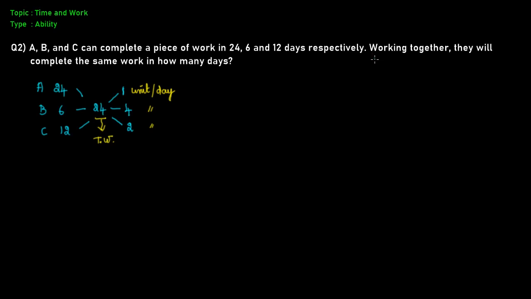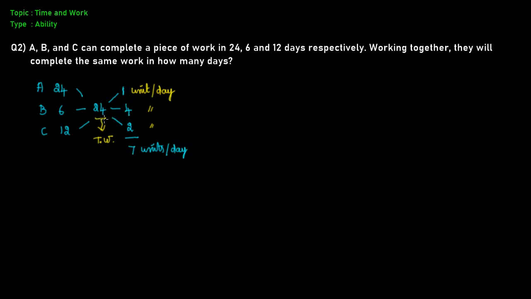Now they are asking, working together, they will complete the same work in how many days? So if they are working together, they will be able to complete 7 units of work per day, right? So I can simply add 1 plus 4 plus 2, I get 7 units per day.